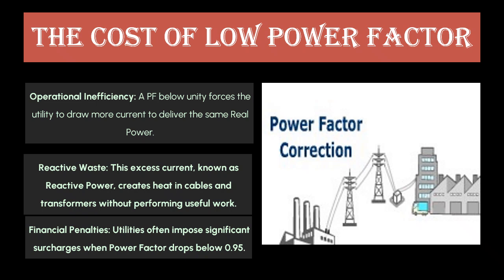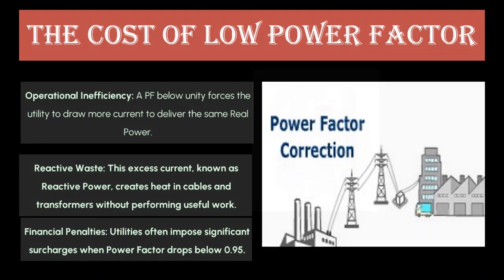This heat represents pure waste. Finally, from a financial perspective, many utility companies impose significant surcharges or penalties if a facility's average power factor consistently drops below a threshold, typically 0.95.